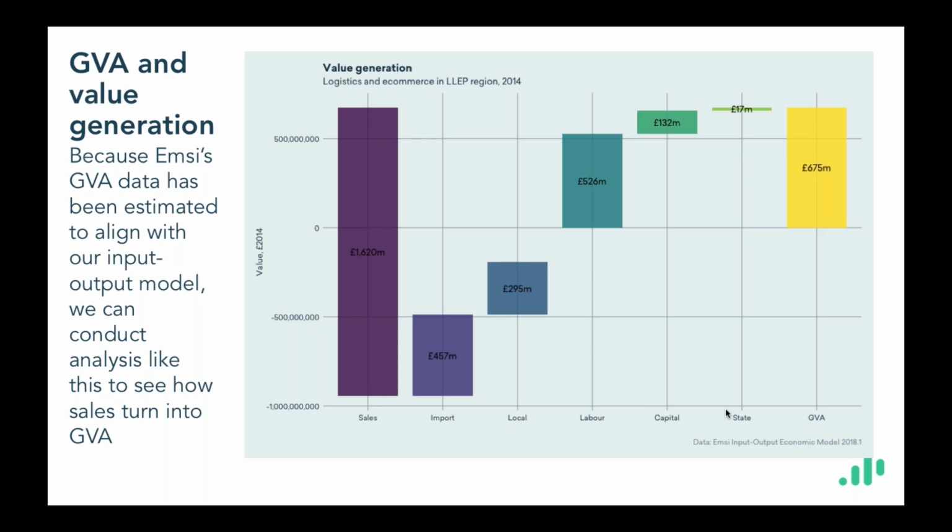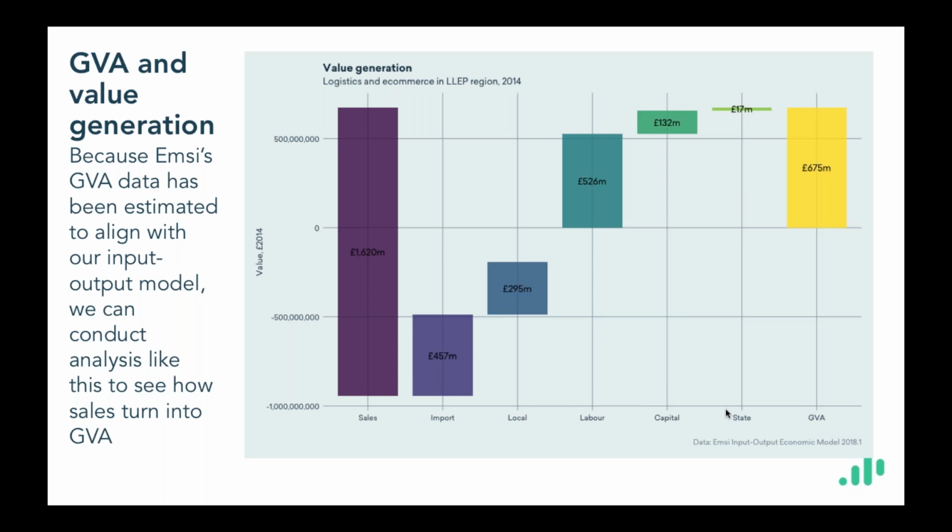The next column along is import. That's imported purchases being made within the supply chain of that cluster, and that equates to 457 million. When we say imported, that means imported out of the area that we're looking at, so out of that Leicester and Leicestershire Enterprise Partnership area. Then we've got local purchases.